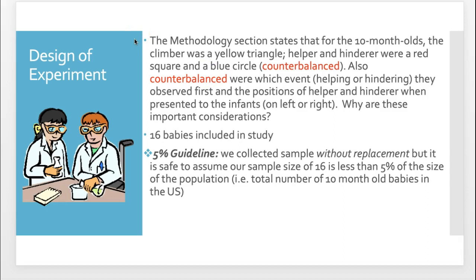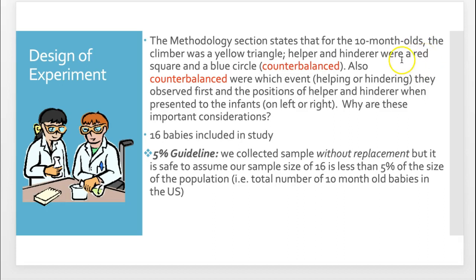Other things that they did for the experiment: the methodology section states that for 10-month-olds, the climber was a yellow triangle, and the helper and hinderer were a red square and a blue circle, counterbalanced, right? In what we saw, the hinderer was the yellow triangle, the helper was the blue square, and the climber was the red circle, right?